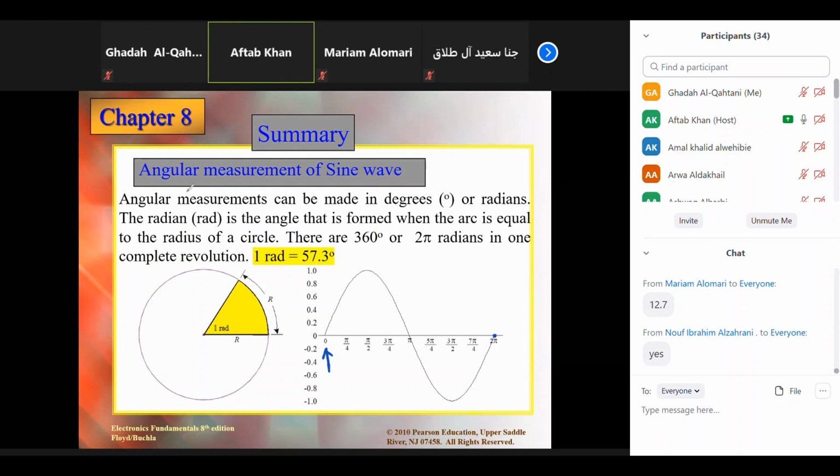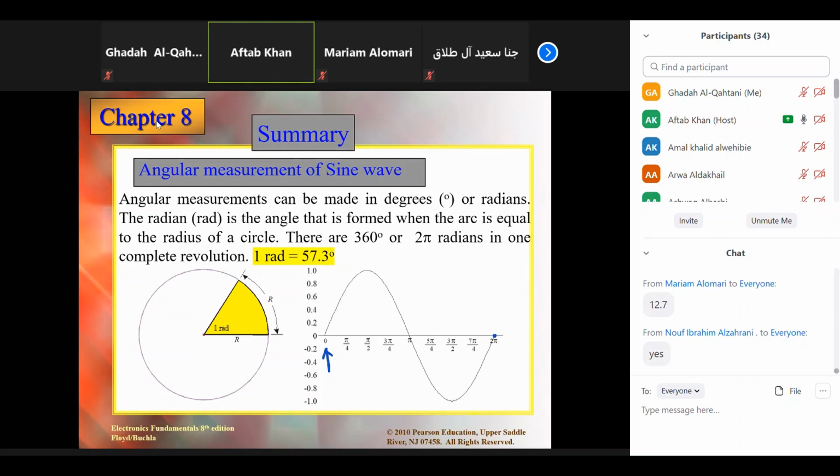So see, this is an interesting thing here. Like this, mentioning the angle, this is pi, half pi, that is pi by 2, pi by 4. And if you want to represent it in degrees, you can.